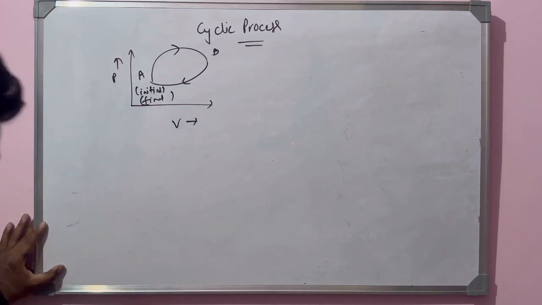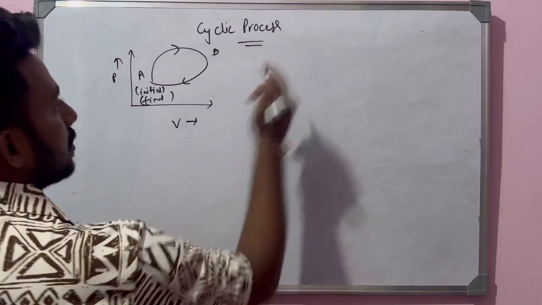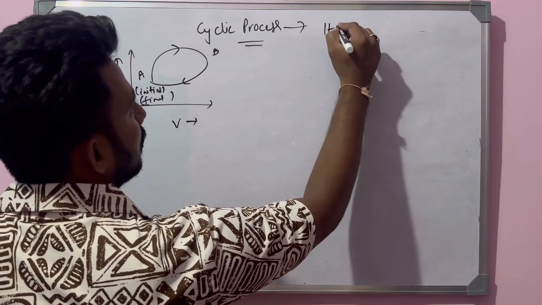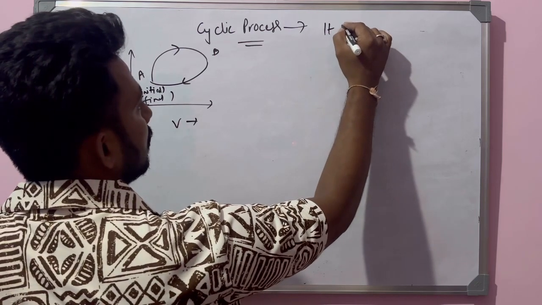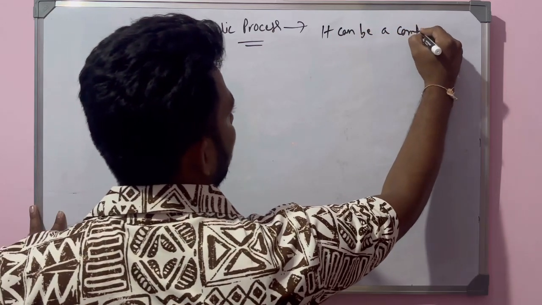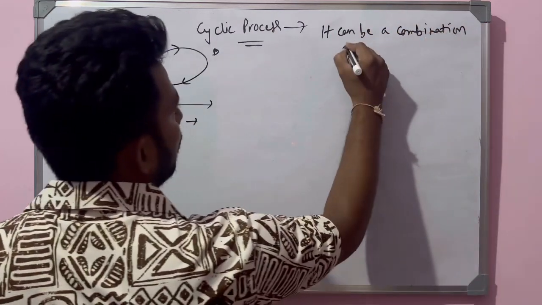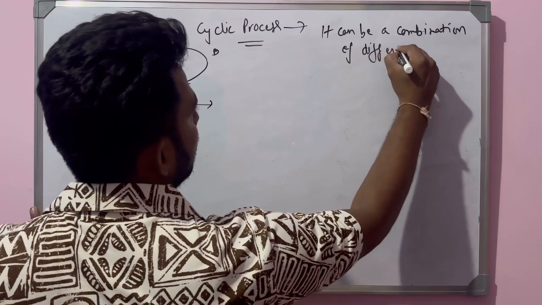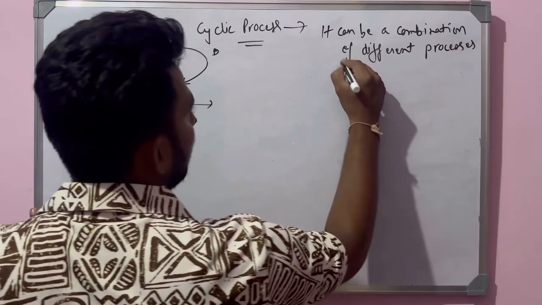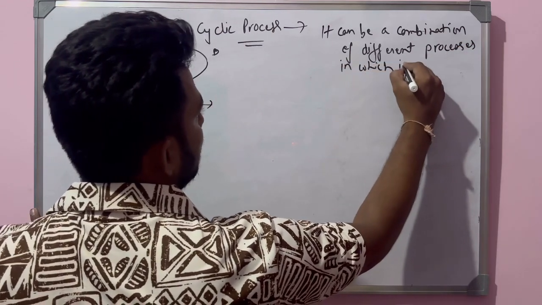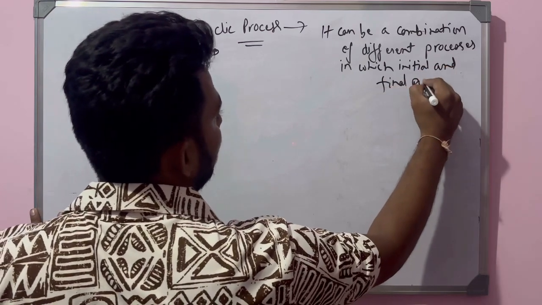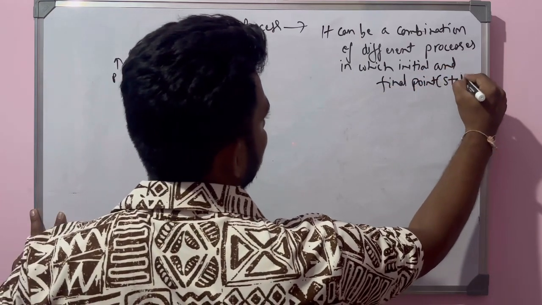Clear? So cyclic process, in a way you can define, it can be a combination of different processes in which the initial and final state are the same, right?